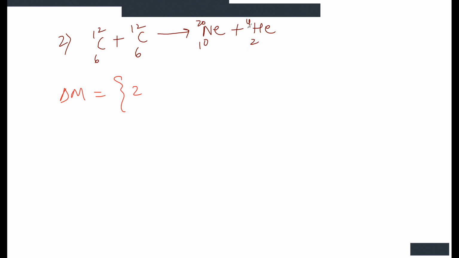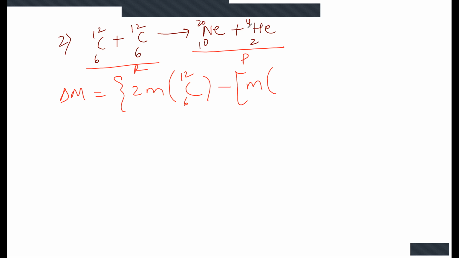It is in the form of 2 into the mass of carbon, because 2 carbon nuclei they have given, 2 into the mass of carbon 12 minus, this looks like a reactant and this looks like a product, the mass of neon plus the mass of helium, and just substitute the values.